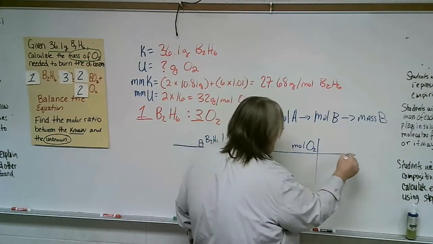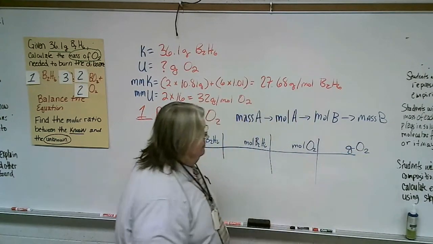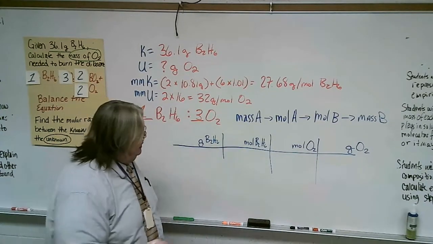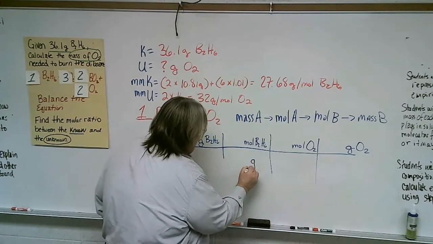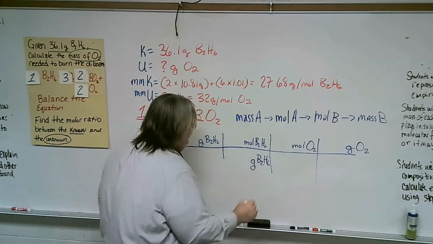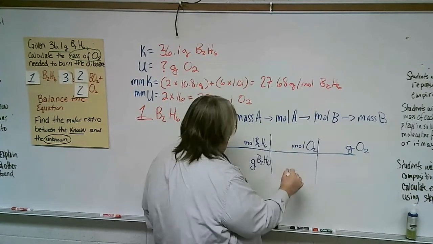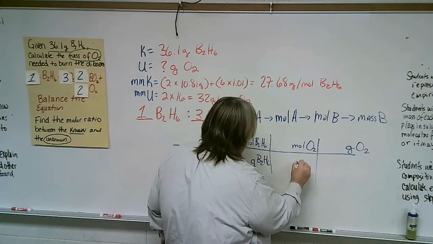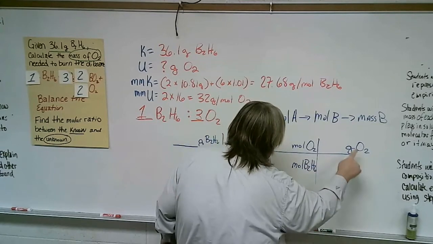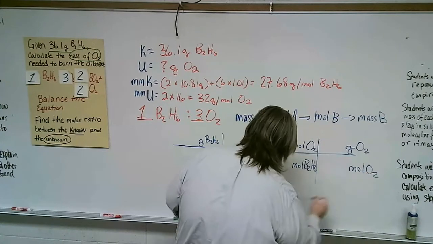And this one is going to be the mass of our unknown. If we've got grams here and moles here, that means we have to have grams down here. This is where our molar mass is going to go. Now we're looking at the mole ratio between these two, and the molar mass of the oxygen.